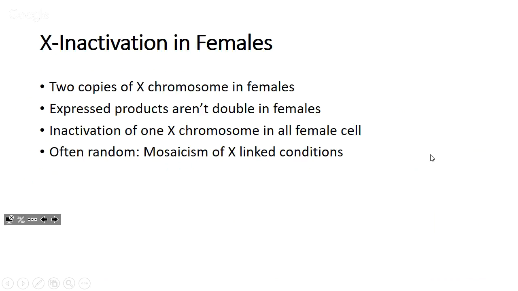So what you're going to have is inactivation of one of the X chromosomes in the female cell, and this tends to be random, which means that if a female is carrying some sort of trait on the X chromosome, they're going to have mosaicism, sorry. Is that how I pronounce that? Yeah, close enough. When they actually express the condition. Now, we'll explain mosaicism in a moment when we actually talk about Down syndrome and related things.